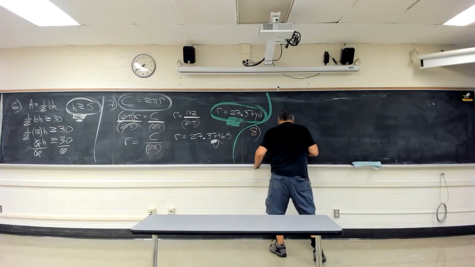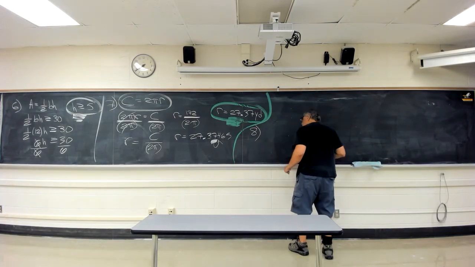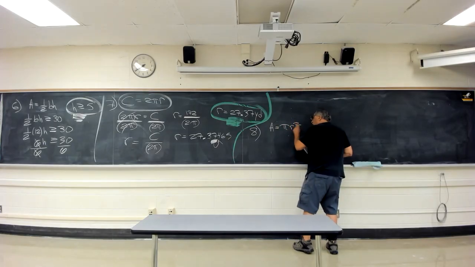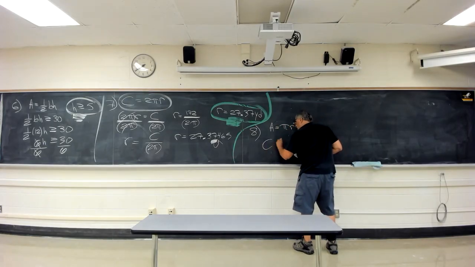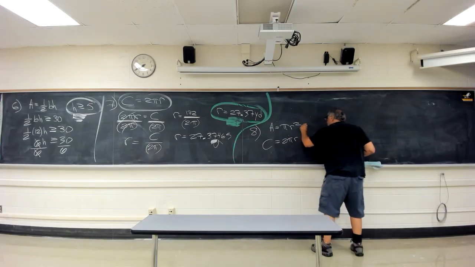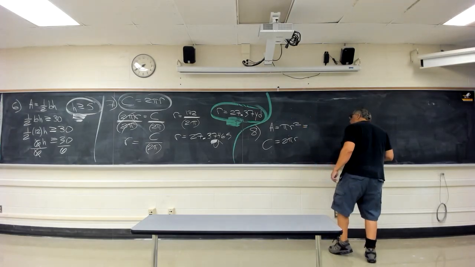For 8, they want exact area, exact circumference. Area is pi r squared. Circumference is 2 pi r. Exact, you got to leave the pi. The radius of the circle is 7 yards.